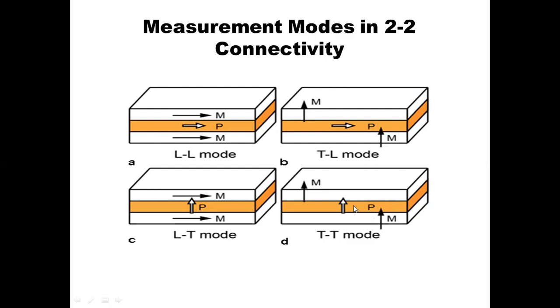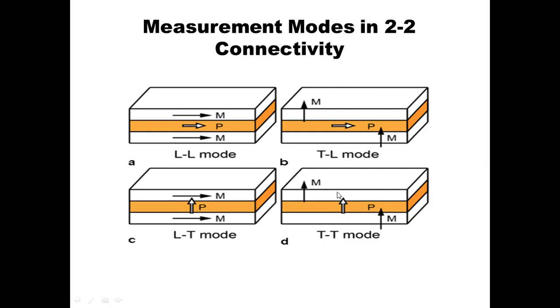Similarly, it is the case for ferroelectric materials. This ferroelectric layer is exposed to the electric field, which is in the transverse direction, and because of that reason, the electric dipoles present in this ferroelectric layer will align along the direction of the applied field, which is in the transverse direction.